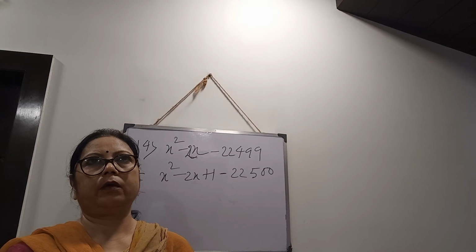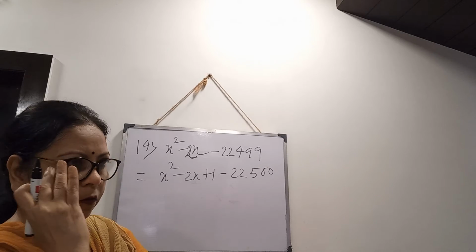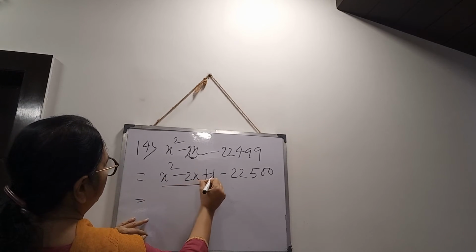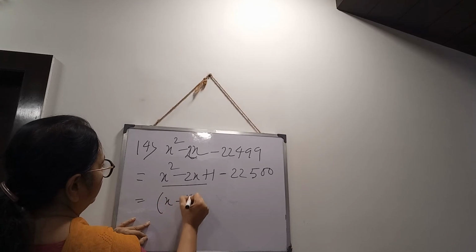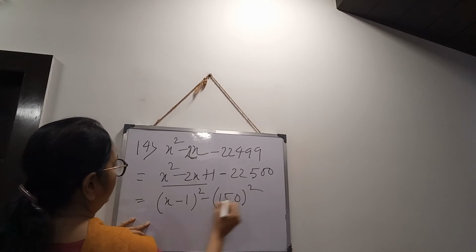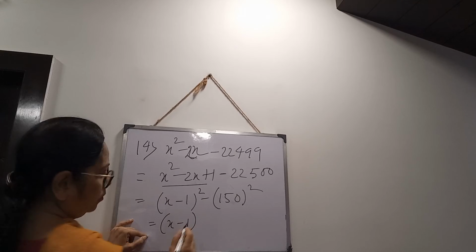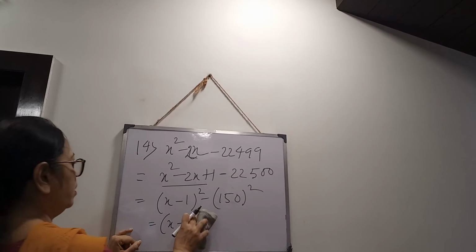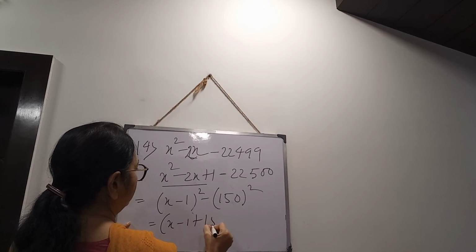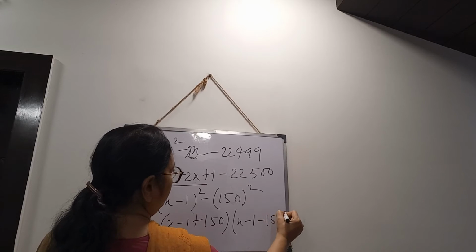225 means 15 whole square, so 22500 is 150 whole square. Yes. So up to this, it is a square minus 2ab plus b square, meaning a minus b whole square, and this is 150 whole square. Now it is a square minus b square form, a plus b into a minus b.